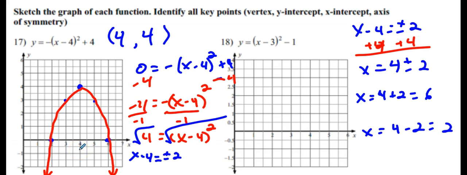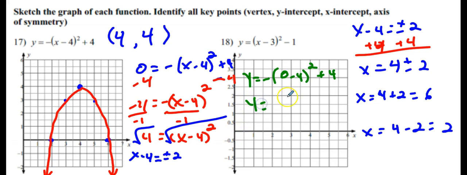All right. Now let's find that y-intercept. I'm going to write right on this graph here. We'll do that in green. So the y-intercept is when x is equal to 0. So I'm going to say y equals negative parentheses 0 minus 4 squared plus 4. I'm just doing a little bit of math.